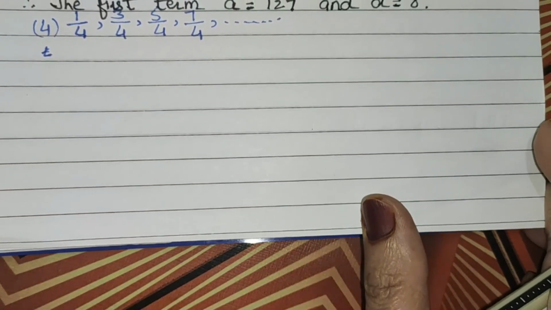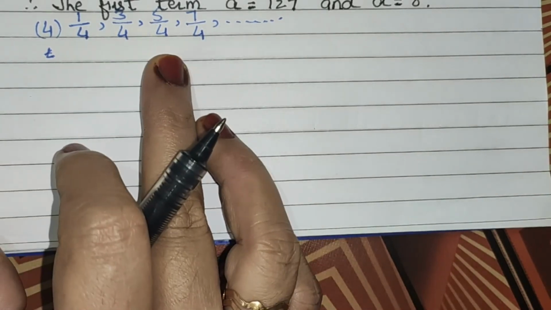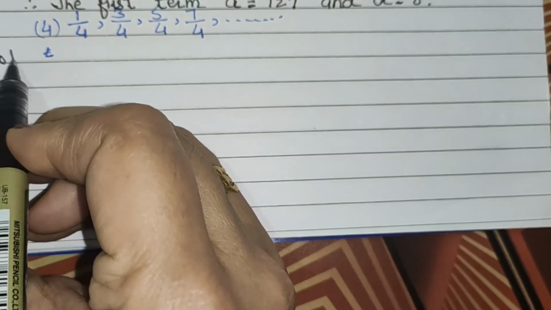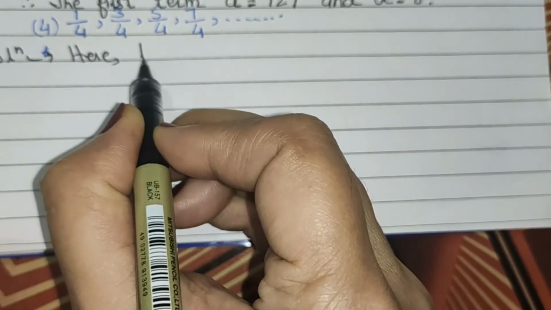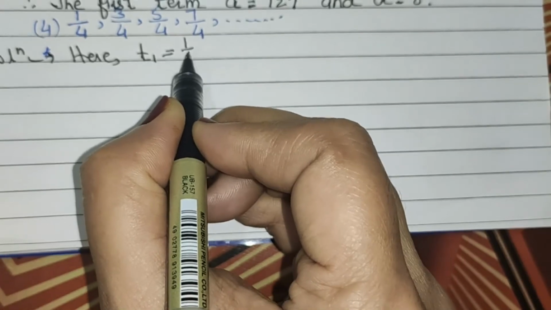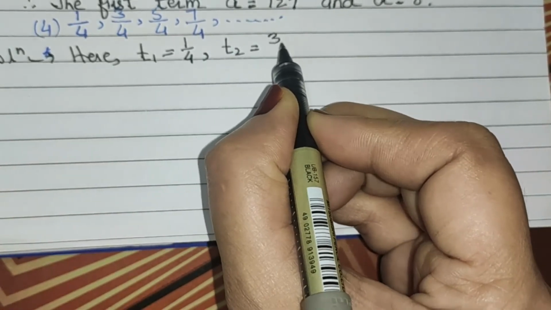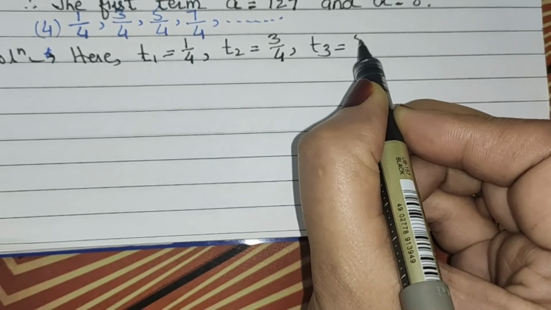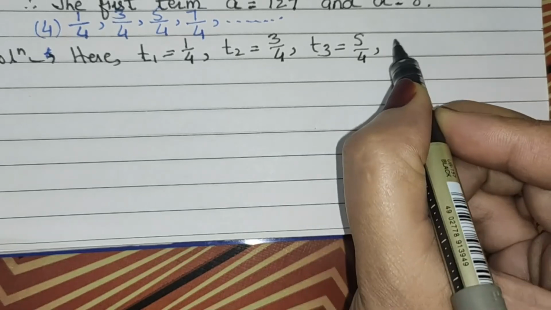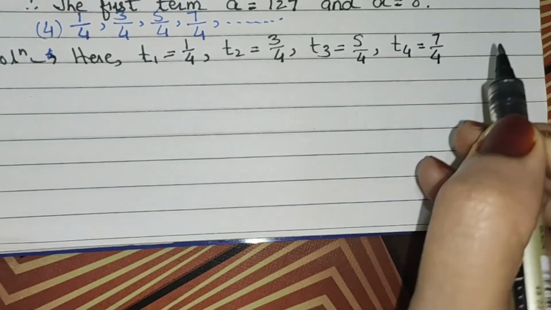Next one is 1 upon 4, 3 upon 4, 5 upon 4. Another solution here. T1 is equal to 1 upon 4. T2 is equal to 3 upon 4. T3 is equal to 5 upon 4. And the value of T4 is equal to 7 upon 4.